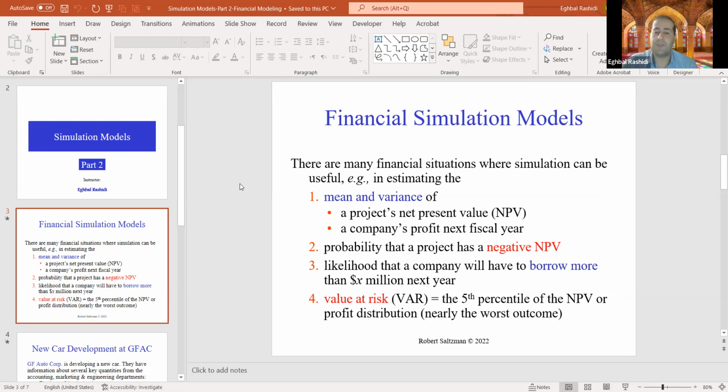You can use simulation to estimate anything that deals with finance problems that have uncertainty and stochasticity with them.